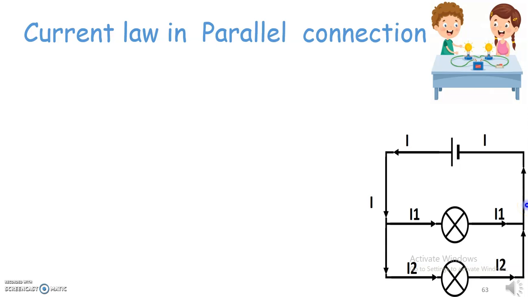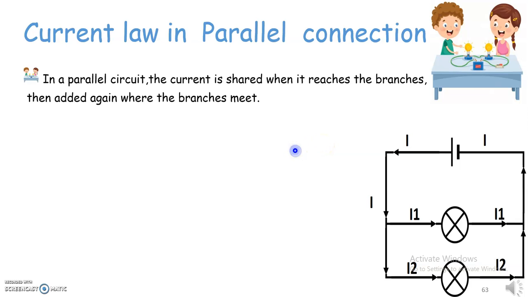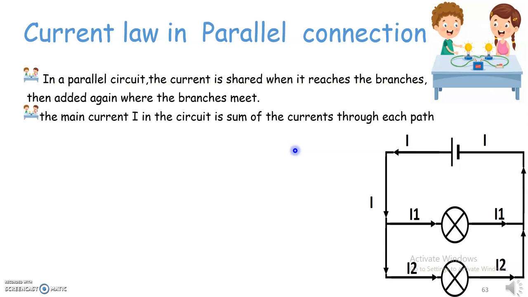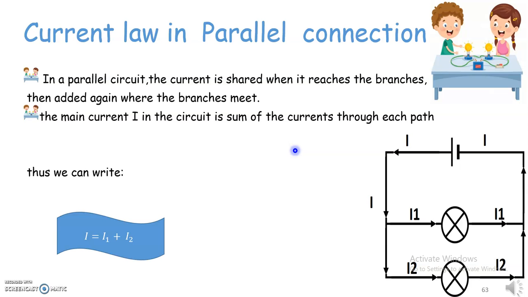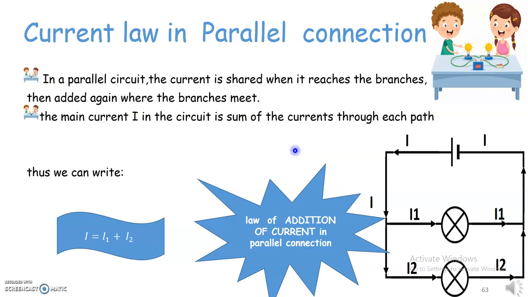At this point I1 and I2 are recombined to form I and flow back to the battery. So in parallel connection the main current of the battery is the sum of the currents through each path. This law is called the law of addition of current in parallel connection.